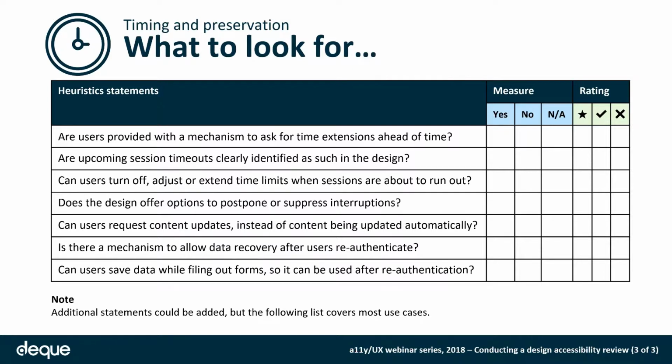That's the first idea. Second idea is about interruptions that may happen during your experience. It could be that you're on an air carrier site, you're booking a flight, and then for some reason the prices change while you're in the middle of something.